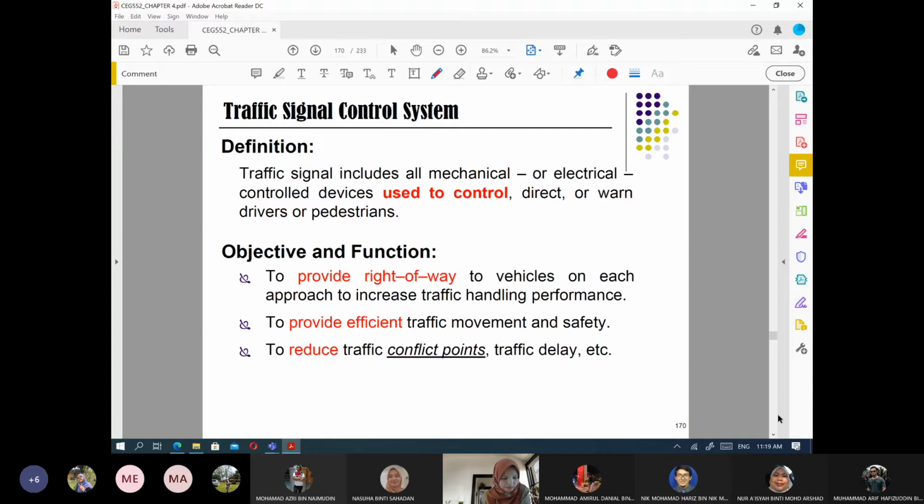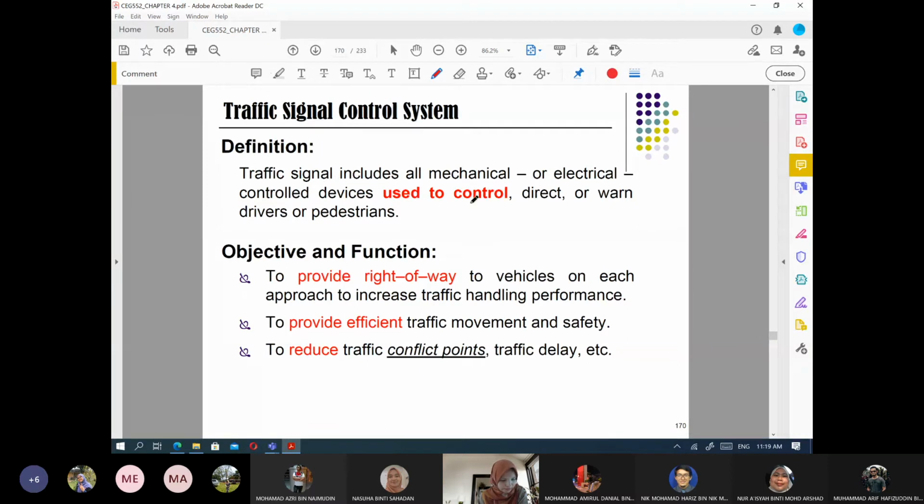Traffic control, traffic signal system, the function might be more or less the same as channelization, as road marking, sama je. Dia nak bagi right of way, to provide efficient traffic movement, to reduce traffic conflict points, traffic delay and etc. Okay.